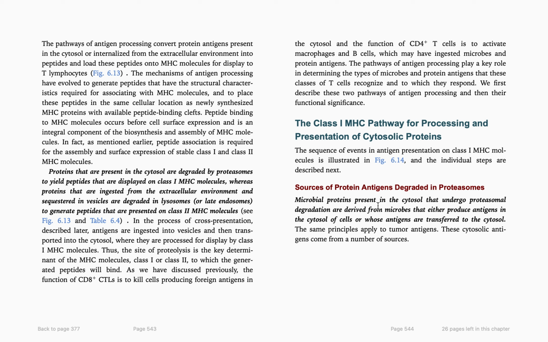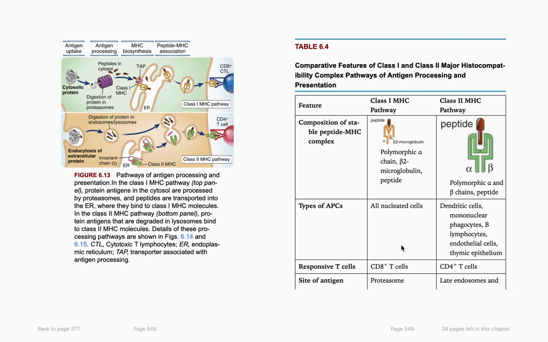Source of protein antigen degraded in proteasomes. Microbial proteins present in the cytosol that undergo proteasomal degradation are derived from microbes that either produce antigen in the cytosol of the cell or whose antigens are transferred to the cytosol. The same principle applies to tumor antigen. These cytosolic antigens come from a number of sources.